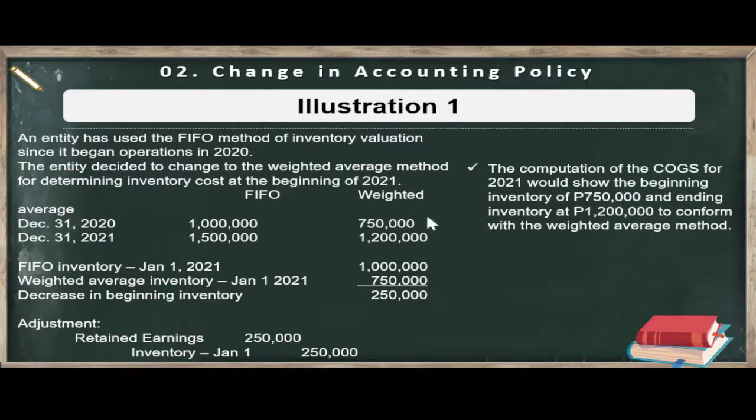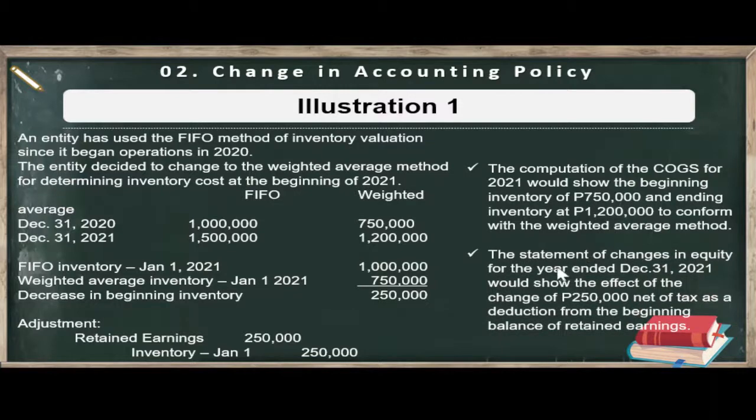So kanina imuhang i-follow, which is based na sa weighted average to conform with the weighted average method. The statement of changes in equity for the year ended December 31, 2021 would show the effect of the change of 250,000 net of tax as a deduction from the beginning balance of retained earnings.